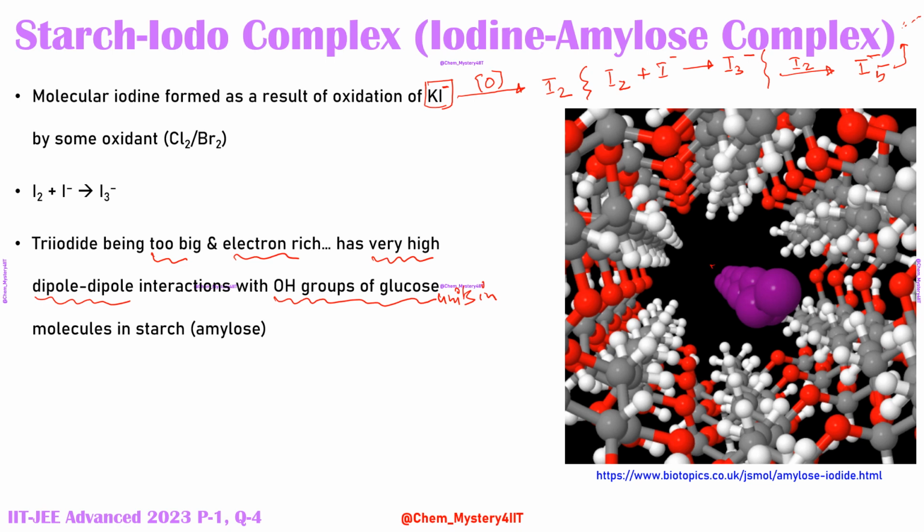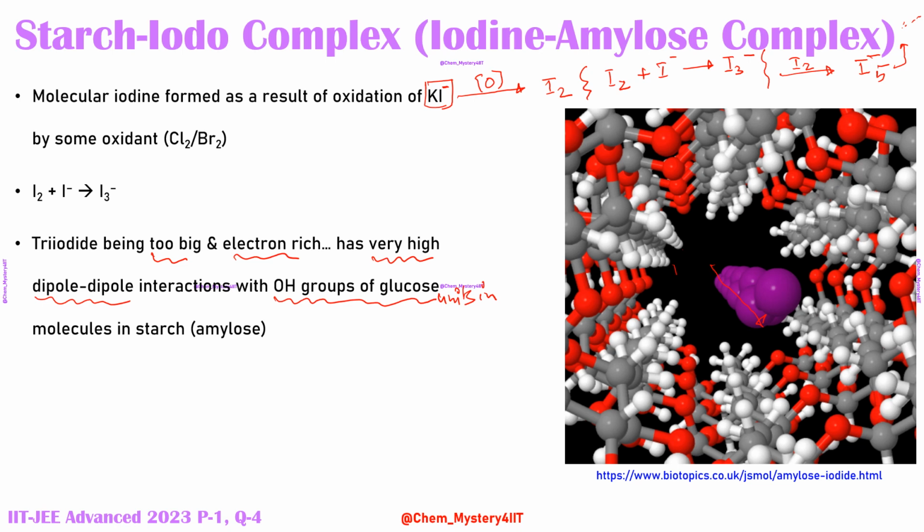So these are all the lined up iodine molecules as triiodide ion, and you see all the hydroxyls coming from all around. The white are the hydrogen atoms and black are the carbon atoms, and there would have been some oxygen atoms as well.